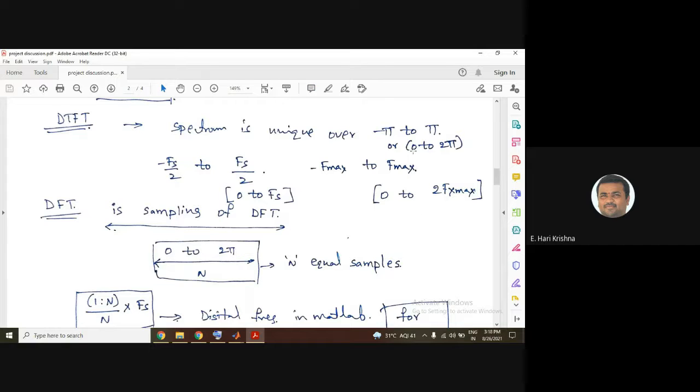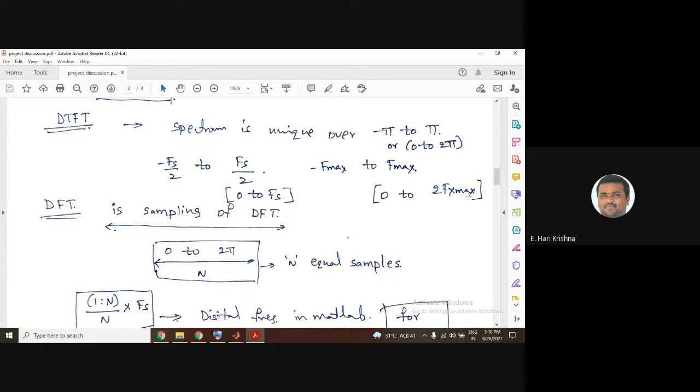And if we consider 0 to 2 pi, it will be 0 to 2 f max, or 0 to fs. These three bracket terms are correlated. If the DTFT output is unique over 0 to 2 pi, the corresponding analog range is 0 to fs, which is 0 to 2 f max.